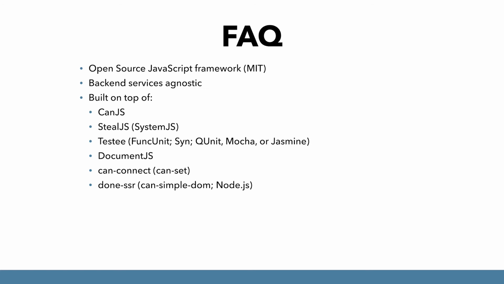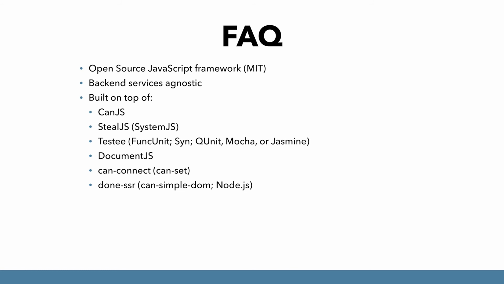And then Done.SSR and CanSimpleDOM are Node.js libraries for being able to server-side render your code so that the same code that you're writing to run on the front end can run on the back end with a DOM implementation for Node.js. We'll get into server-side rendering a lot today.